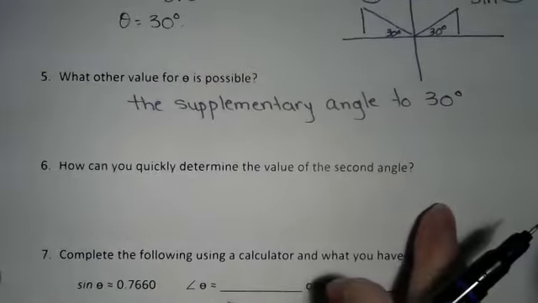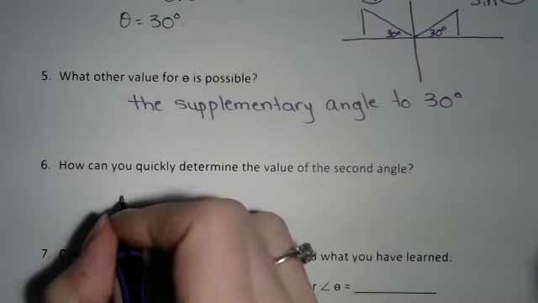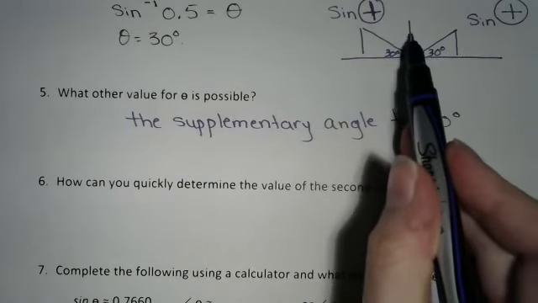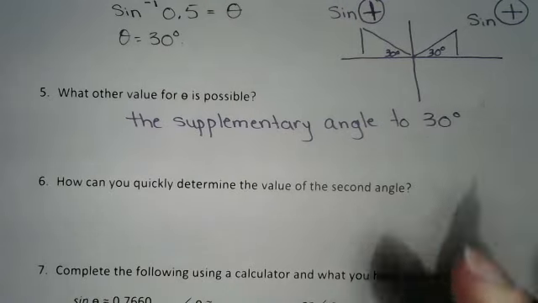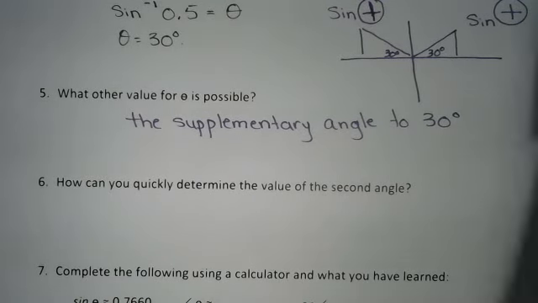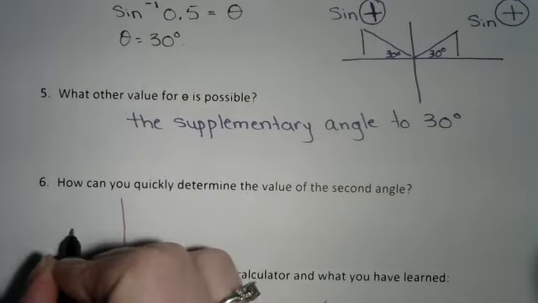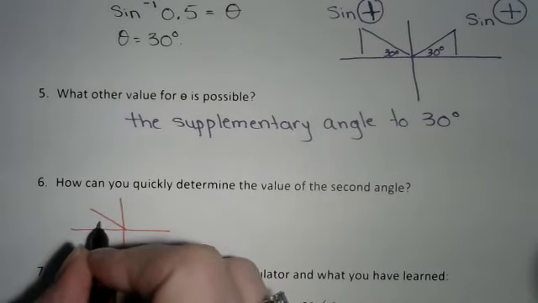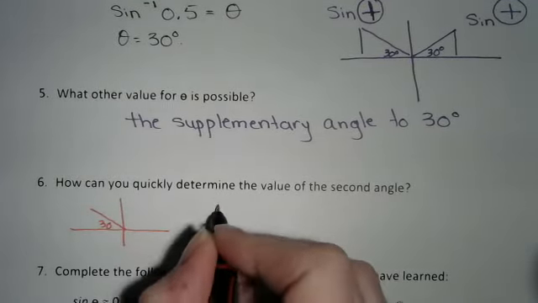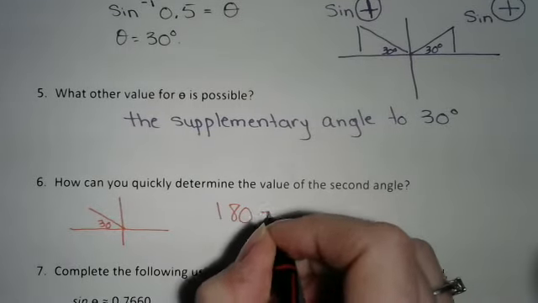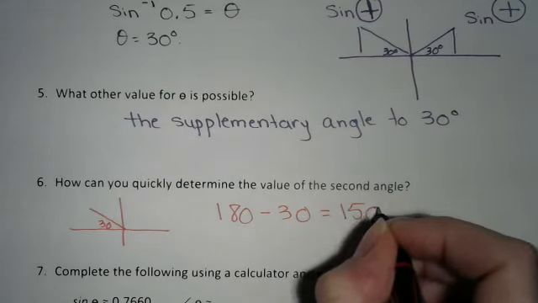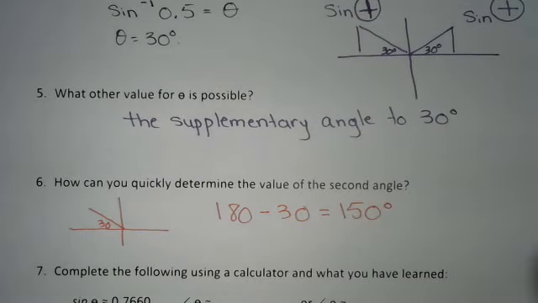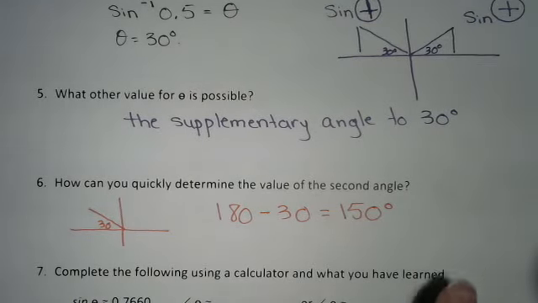So how do you quickly determine that? Well, it's this full angle, 180, subtract the 30. That'll give us what we're left over with right here. So if this is 30, then 180 subtract 30 is equal to 150 degrees, which should be my supplementary angle. It's the second angle. You can always double check that. You can punch it into your calculator and see if it works.